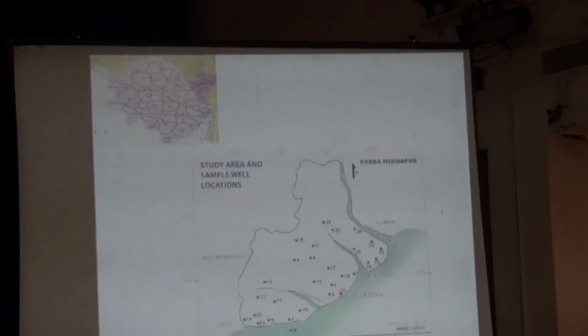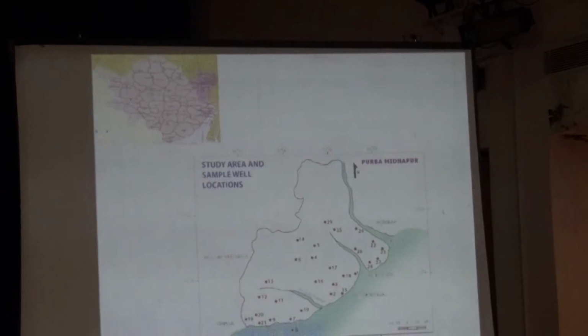Yes. Next slide, please. Okay. So study area and sample well location. Since it's extremely costly to dig our own wells to take out water, we were totally dependent on the deep tubewells that were dug by the government, and we took water from those wells.